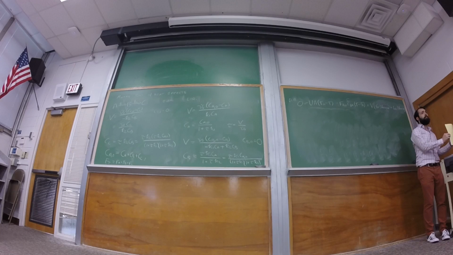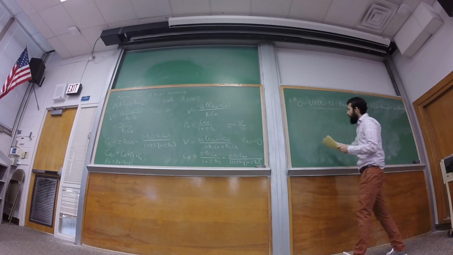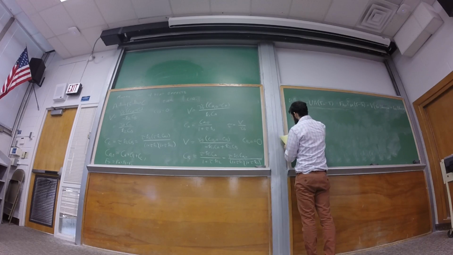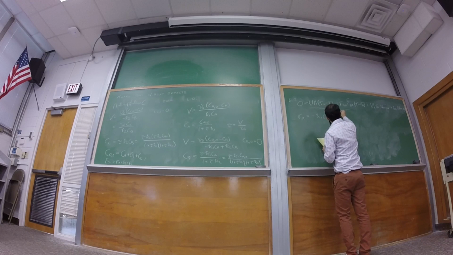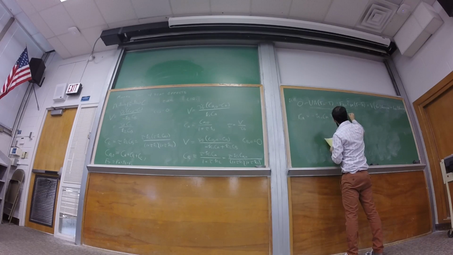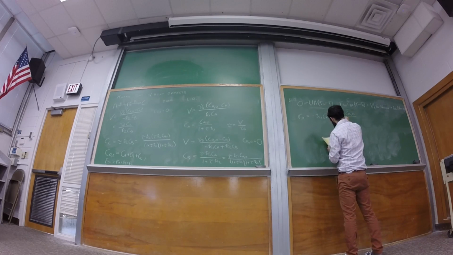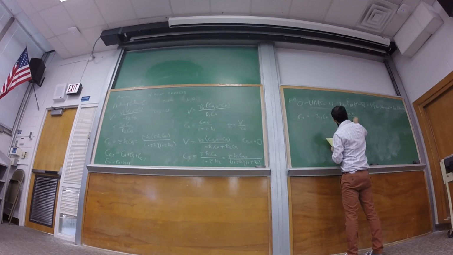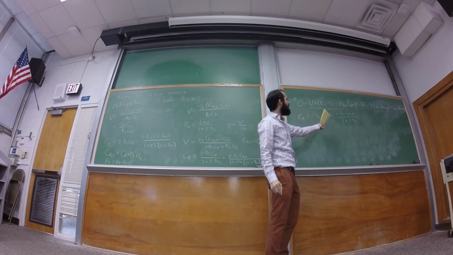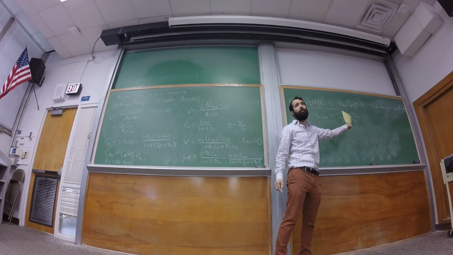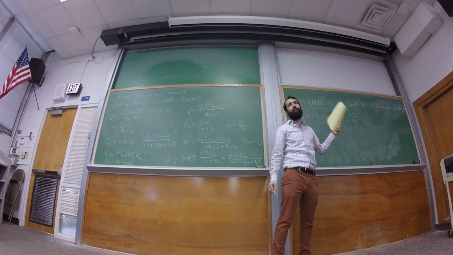Okay? All I'm doing here is writing down the rate equations and substituting in for the concentration of A as a function of the residence time.